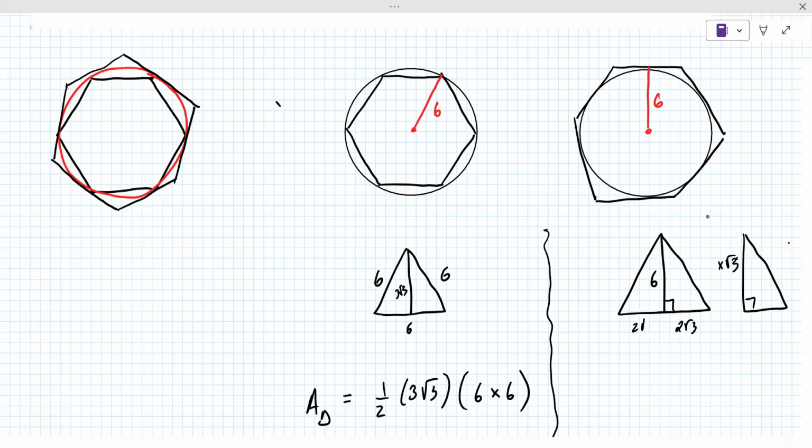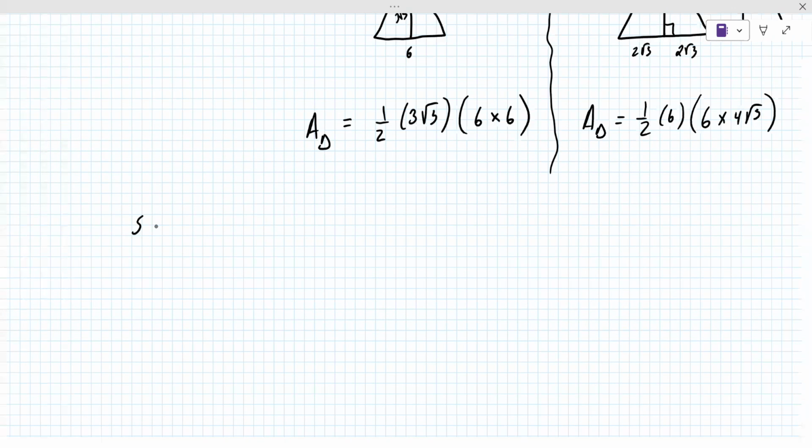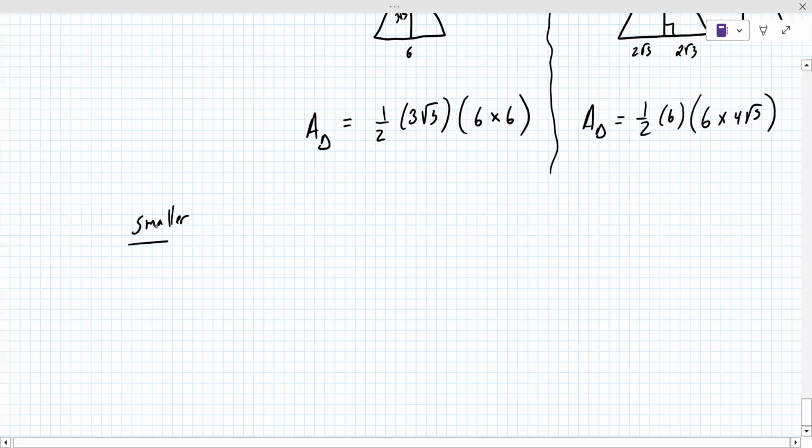So the other one is 2√3. So this one's area is 1/2 the apothem, which is 6. There's 6 side lengths, but they're 4 square root 3 each. Okay. All right, and we're looking for the ratio of the smaller to the larger. Okay, so smaller over larger.